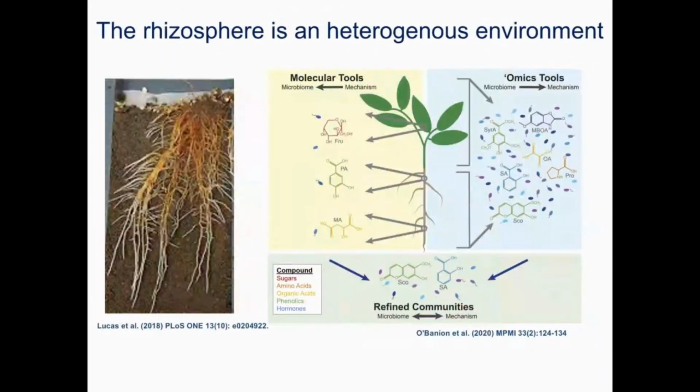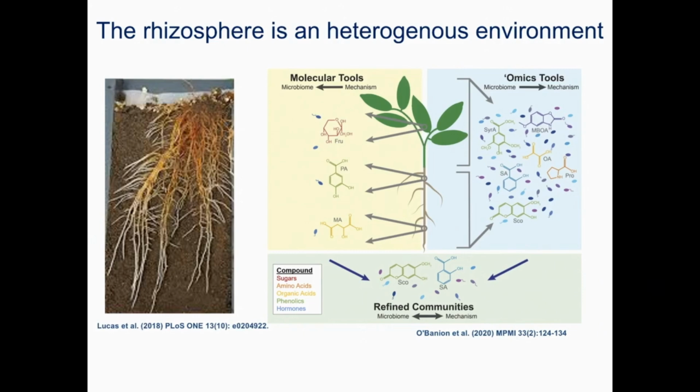So the rhizosphere, or this region around the roots, is a heterogeneous environment in terms of structure. For example, here on this image, you can see that you can have very thick and very thin roots, and also in terms of chemicals. Many studies have shown that plant roots can secrete a diversity of compounds, such as sugars, amino acids, organic acids, phenolics, as well as hormones that can be recognized by microorganisms that live in the rhizosphere.